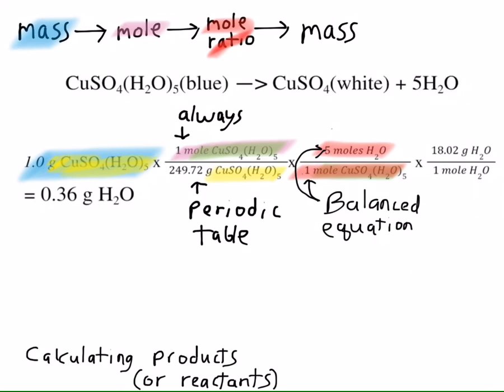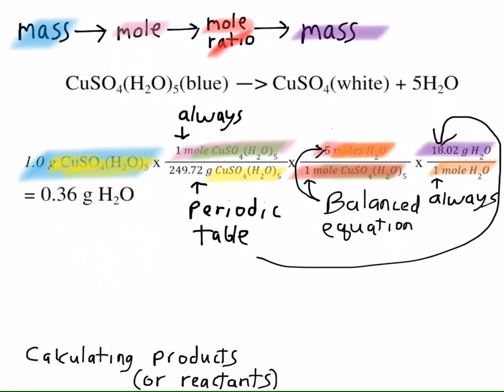So now, whatever unit is on the top here has to go on the bottom of the next fraction to cancel out. Exactly like it is. And then the last step is mass. So we'll be using molar mass. So once again, the number with mole is always 1 when we're using molar mass. And the grams are on the top because this is the mass step, and we find the grams on the periodic table.